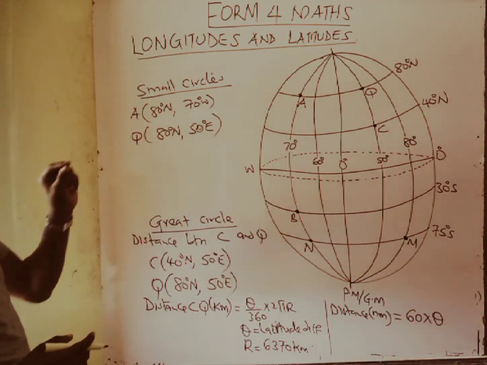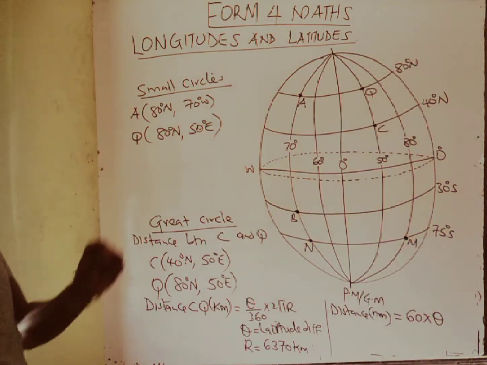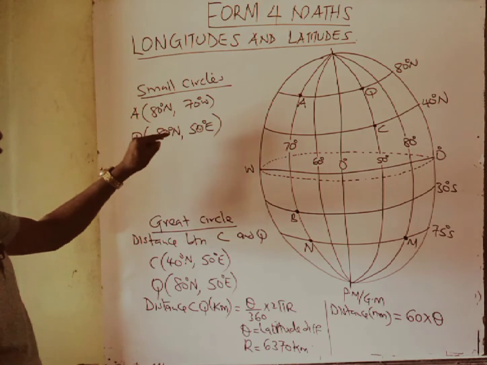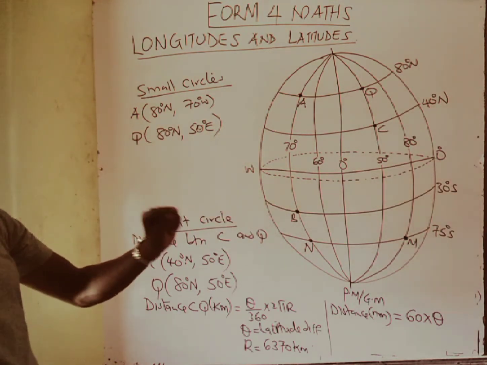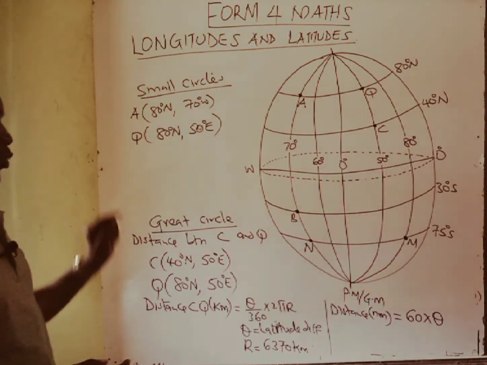The first thing you need to ask yourself: do these 2 points lie on a great circle or a small circle? If they share the latitude, since all latitudes except the equator are small circles, you should know that the 2 points lie on a small circle.